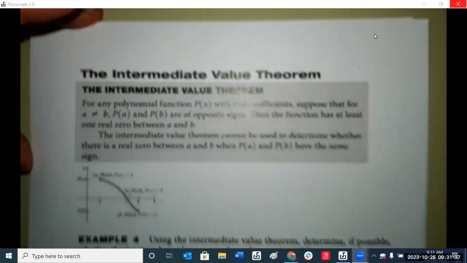There's a theorem that we deal with called the intermediate value theorem.